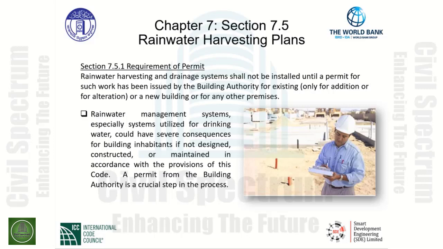Rainwater management systems, especially systems utilized for drinking water, could have severe consequences for building inhabitants if not designed, constructed, or maintained in accordance with the provisions of this code. A permit from the building authority is a crucial step in the process.